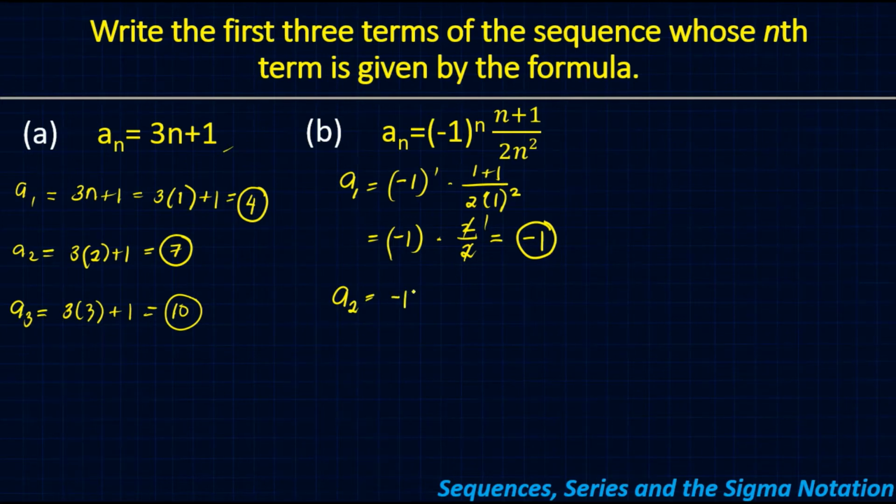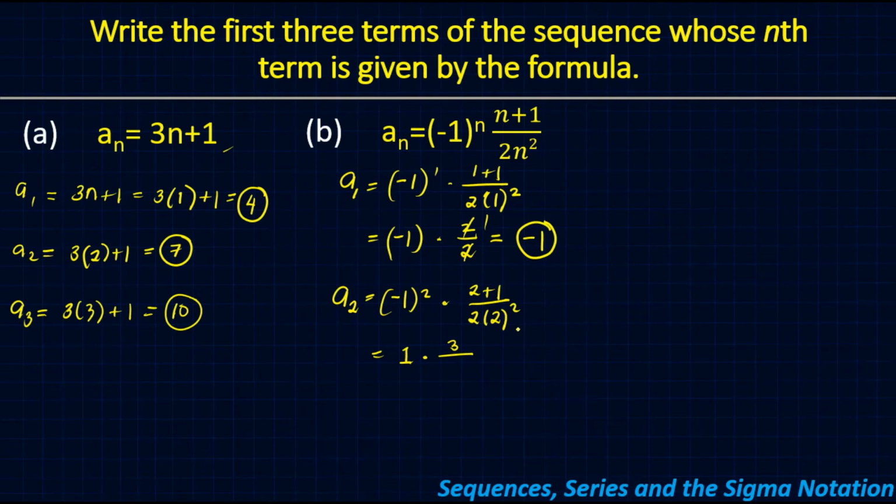So we have negative 1 squared times 2 plus 1 over 2 times 2 squared. Simplifying this, we will have negative 1 squared. Negative 1 times negative 1 magiging positive 1. Okay, and then times 2 plus 1 equals 3 over 2 times 2 squared.